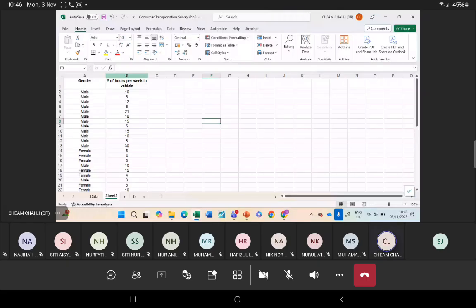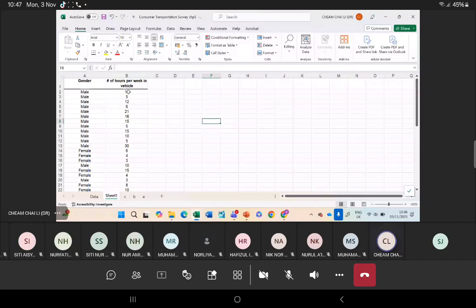In the analysis toolbar, we can only select two groups. So we want to rearrange all the female in one group and male in one group. To do this, select gender, and then for the sort button, click on data.